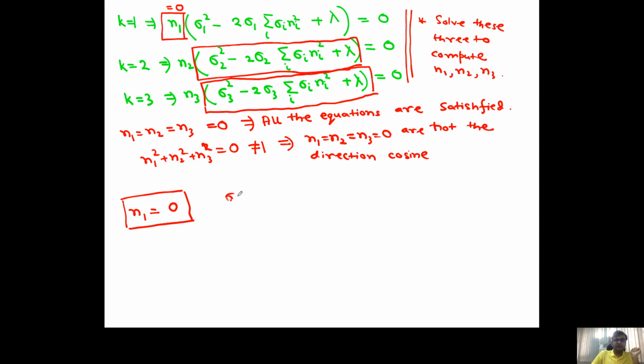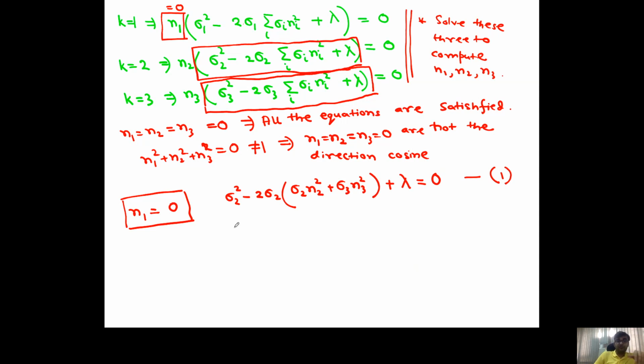And what we get is sigma 2 square minus 2 sigma 2. Then we are going to write the summation. The first term of the summation is sigma 1 n1 square, and n1 is equal to 0. So that term will vanish. So we have sigma 2 n2 square plus sigma 3 n3 square, right? Plus lambda is equal to 0. This is my equation 1 now.